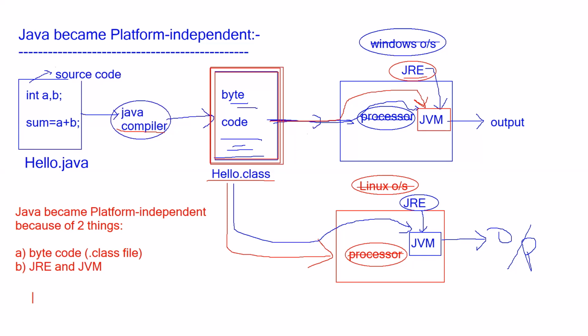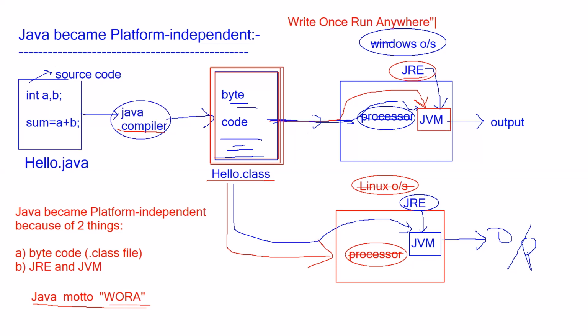And Java also has a motto. What is the motto of Java? WORA. WORA means write once, run anywhere.